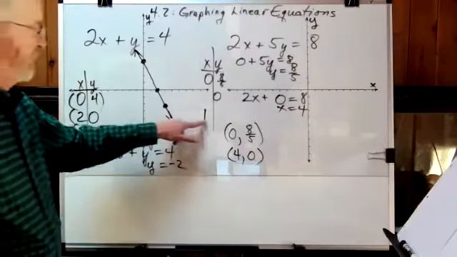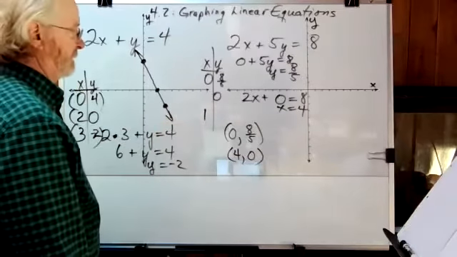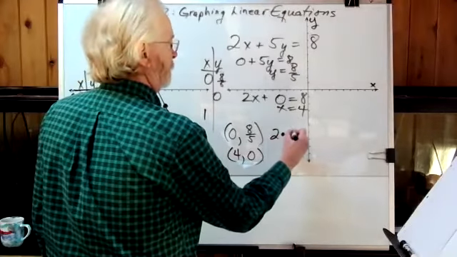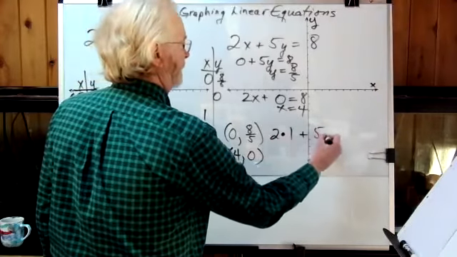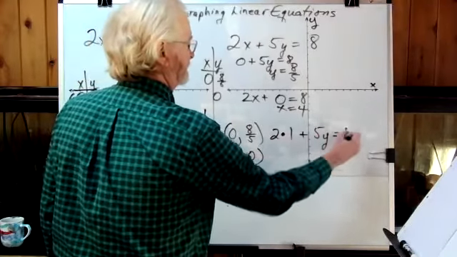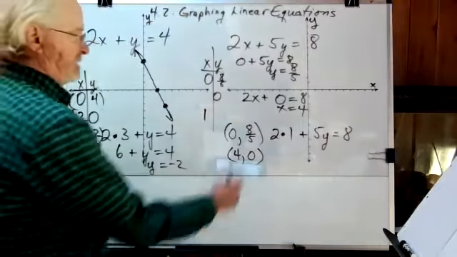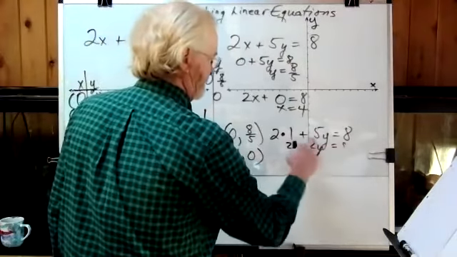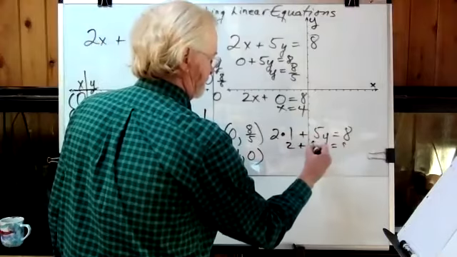And one more. I have no idea what's going to happen if I put in a 1 for the x. 2 times 1 plus 5y equals 8. So that's 2 plus 5y equals 8.